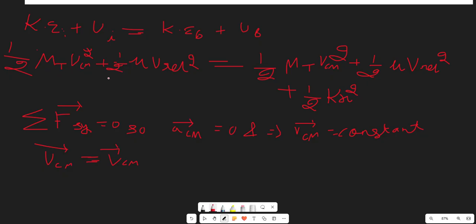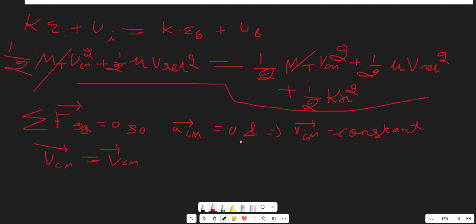So from here, as we can see in this equation, here we have half m total UCM square, and here we have half m total VCM square. And since VCM is equal to UCM, these are equal. So we have half mu u relative square is equal to half mu v relative square plus half k x square.